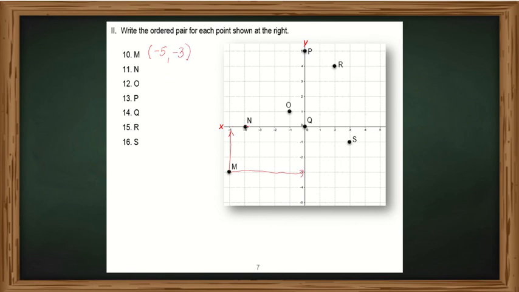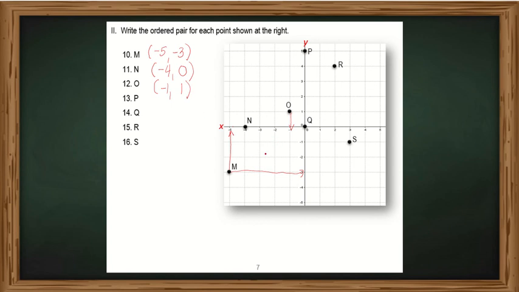How about point N? Our x is -4 and our y is, it cannot go up nor down, so that is 0. How about point O? The coordinates are our x is -1 and our y is +1.